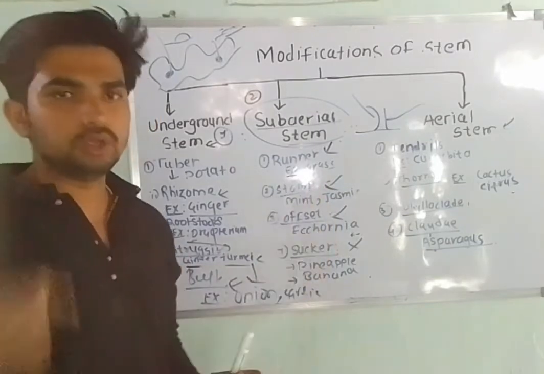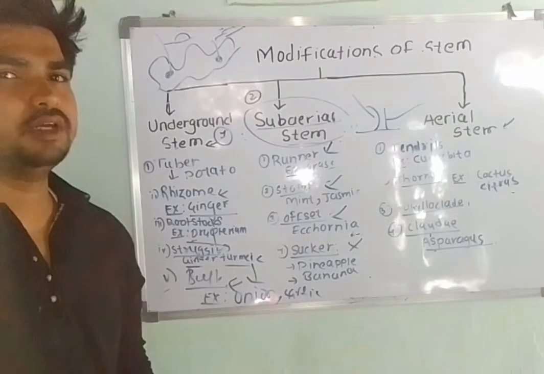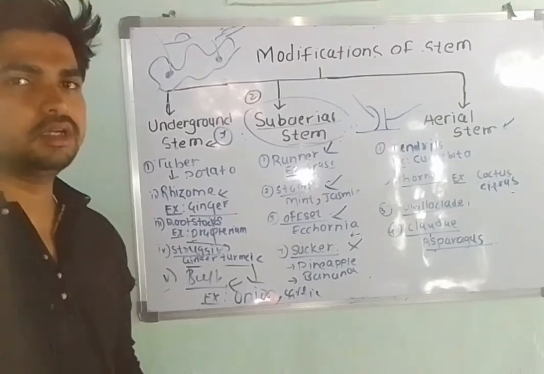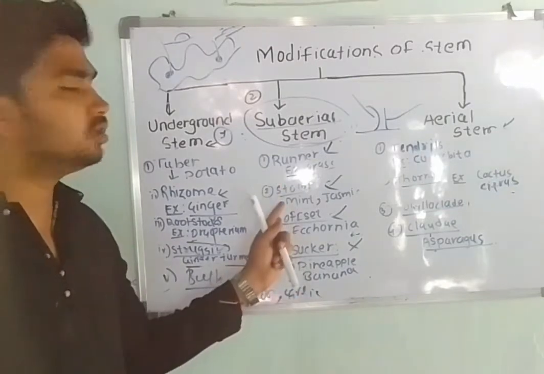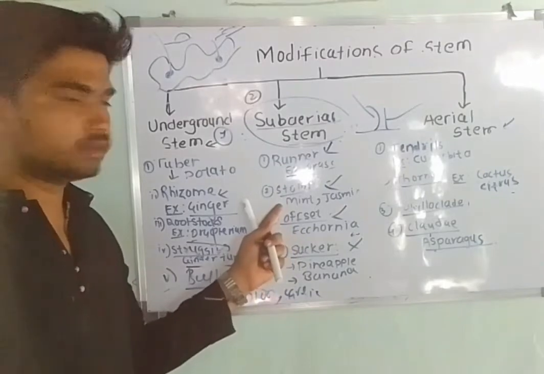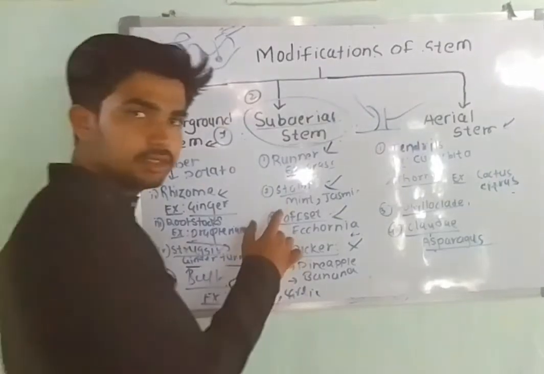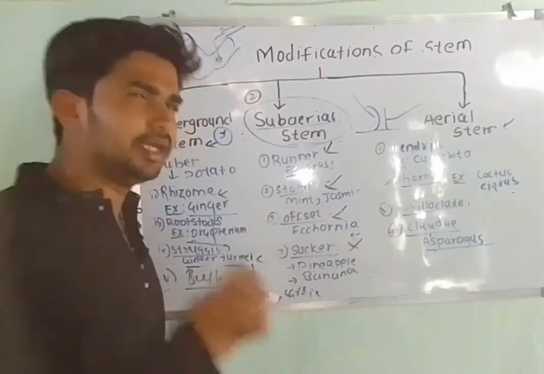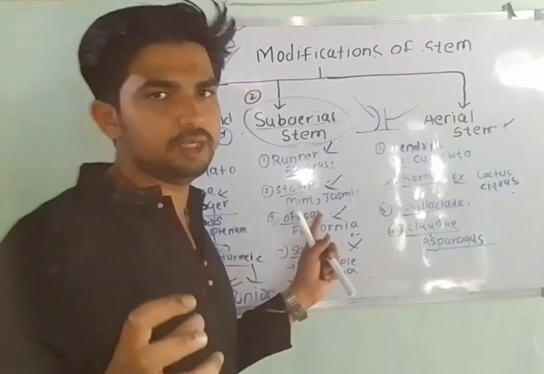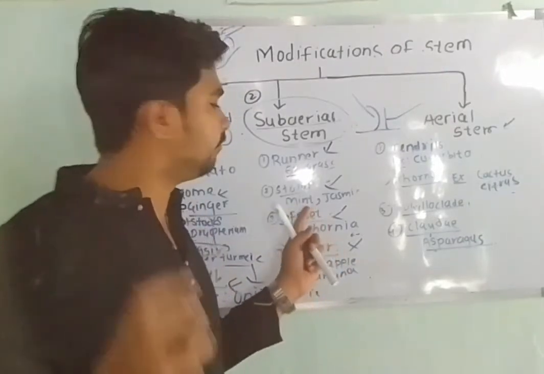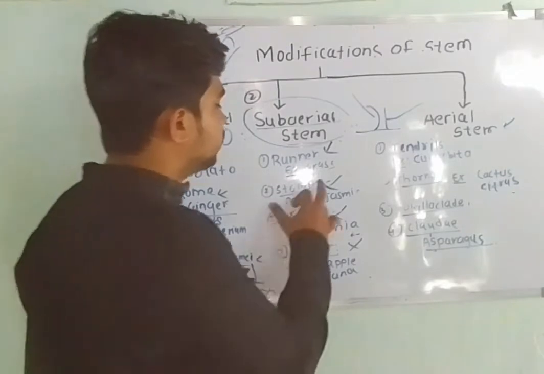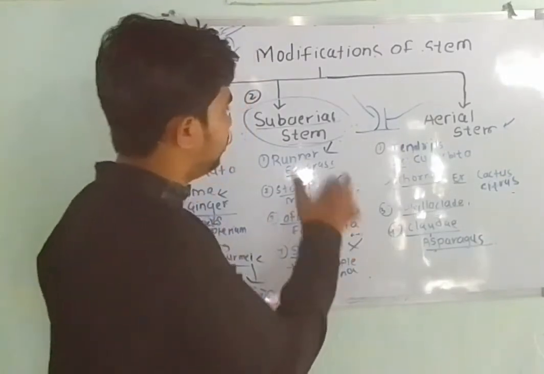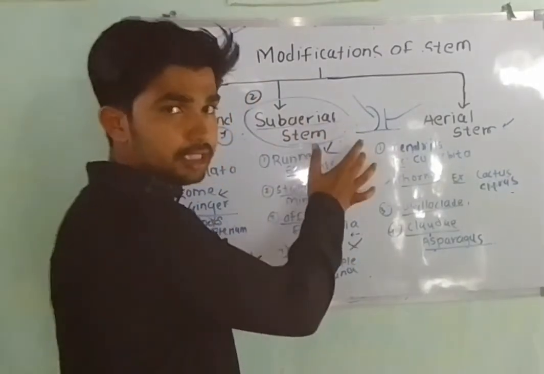Number two is a stolon. Examples of stolon are mint and jasmine. They are very good in smell. We know that particularly they are very good in smell. It is an example of subaerial stem.